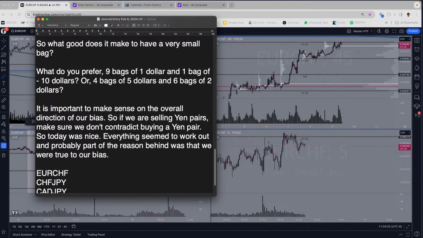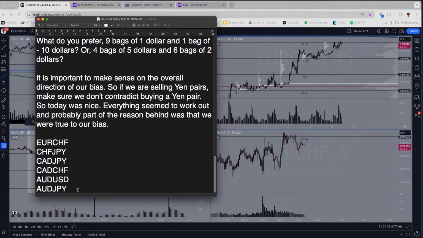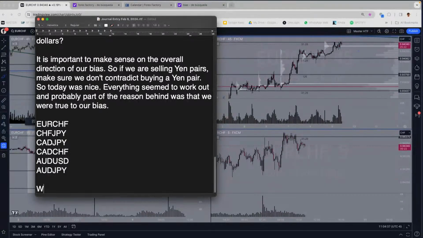We are selling all JPY pairs. Not all JPY pairs. All JPY trades we entered were selling.